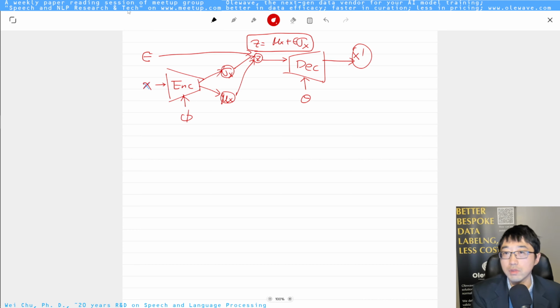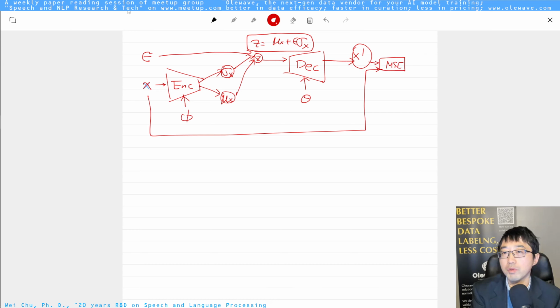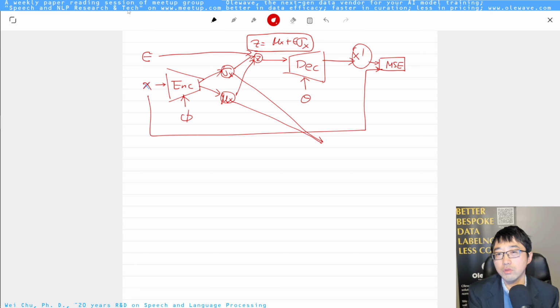And then you have a module for comparing the difference of the x with this x. You can either use the maximum likelihood or MSE. It's up to you. And also for this sigma and mu, remember you want to compare that with a standard normal distribution.